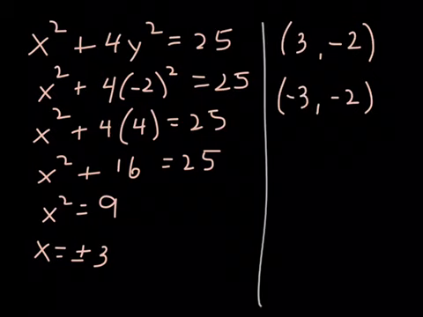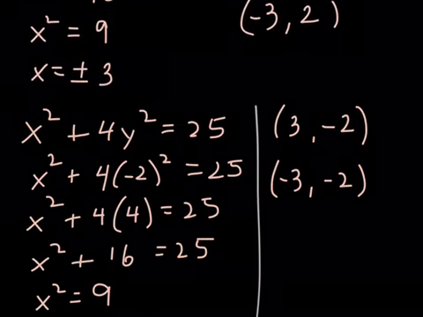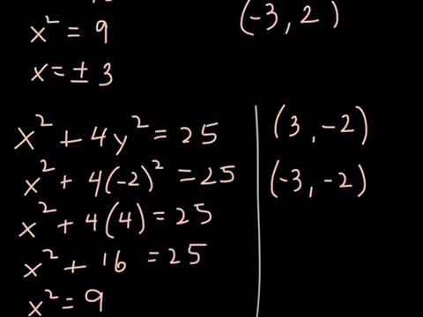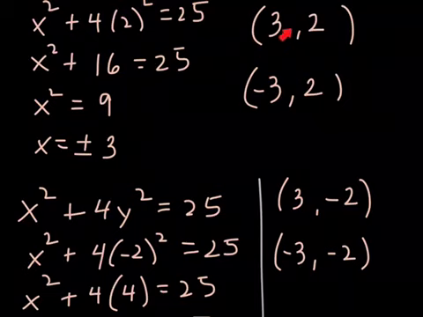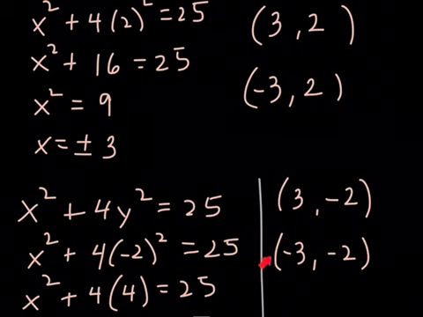Notice that you have these two solutions, and you also have these two that we found earlier. You remember? So basically you have 4 points of intersection. You got positive 3, 2, positive 3, negative 2, and then negative 3, 2, and negative 3, negative 2.